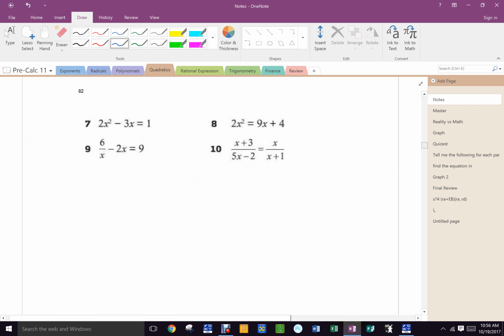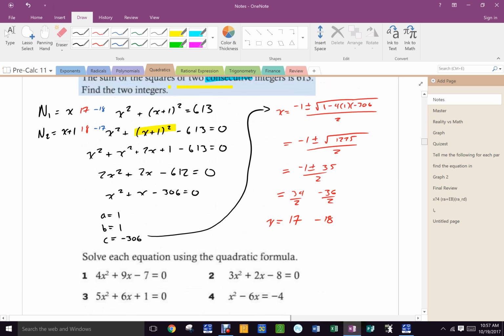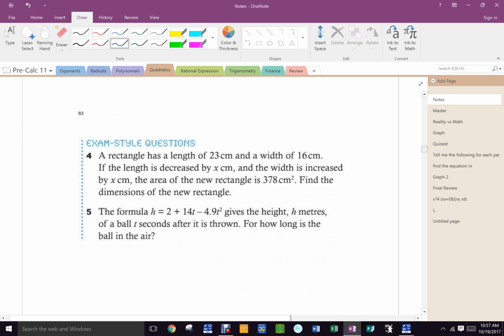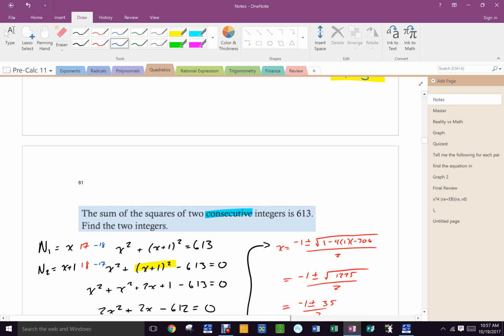I also asked you to do these 10 on pages 81 and 82, and I asked you to do 83. But I believe I said I was going to give you today to work on all that as well, if I'm not mistaken.